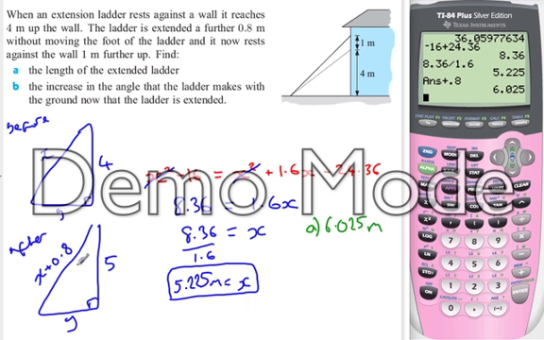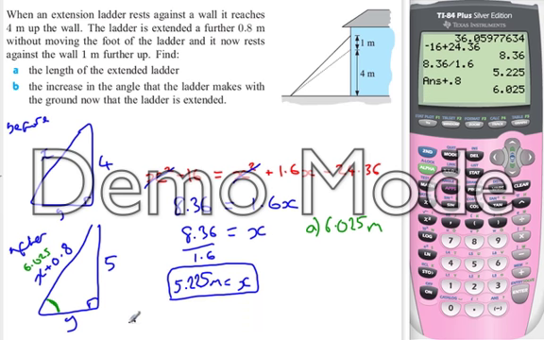Okay, so now that it's extended, I want this angle here. And I know this length is 6.025. So I know two lengths, this one and this one. I'm going to need a bit of SOHCAHTOA to work out an angle.